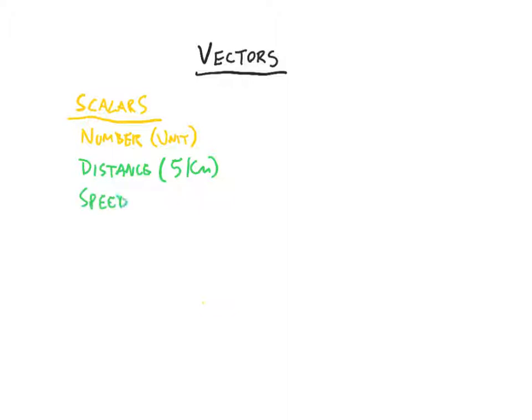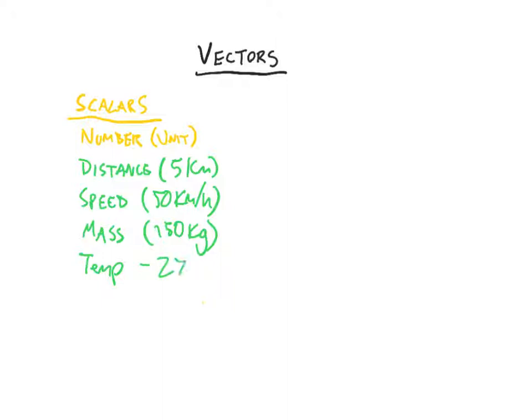Speed, right? So, 50 kilometers per hour would also be a scalar. Mass, right? So something like 150 kilograms would be a scalar. Temperature, right? So something like 273 Kelvin would be a scalar.